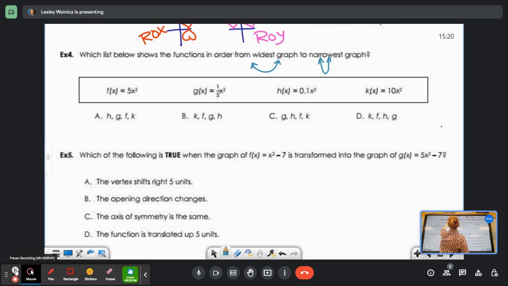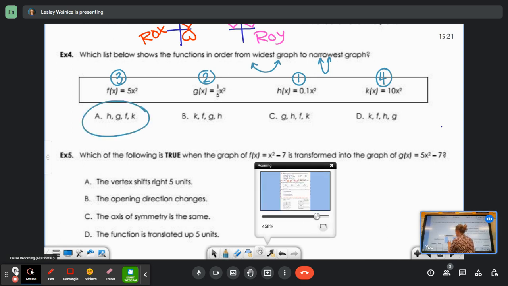H. That's first. Okay, which one is next? G, correct. Followed by F. And last but not least, okay. Which one of those puts them in order correctly? A. Oh, you guys are wizards.